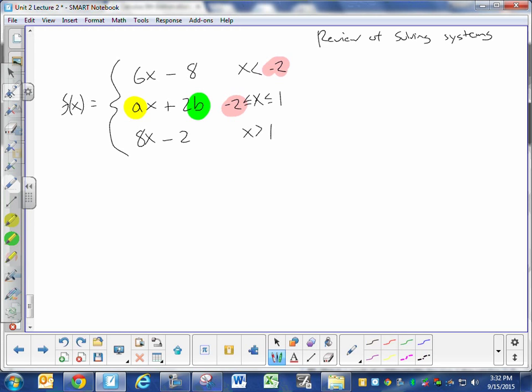So I'll say, okay, f little 1 at negative 2 needs to equal f little 2 at negative 2. So that's 6 times negative 2 minus 8 needs to equal negative 2a plus 2b. That's negative 12 minus 8, negative 20.